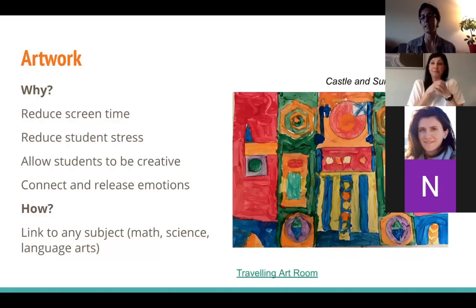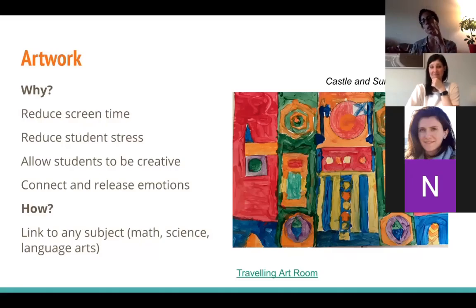The other idea that I was thinking is more of a math or a science. You see the example on the right that was actually done by my son in home learning last year in the spring. His art teacher presented Castle and Sun, and this was in conjunction with art and the overlap through math.